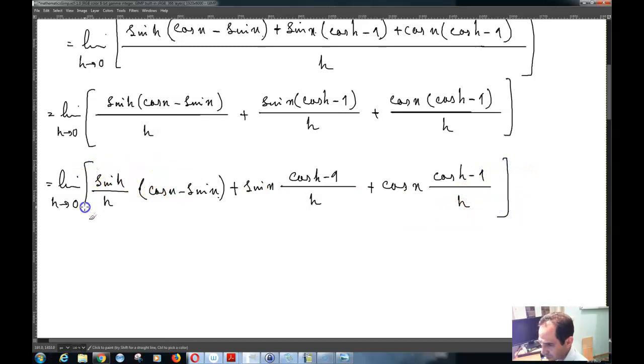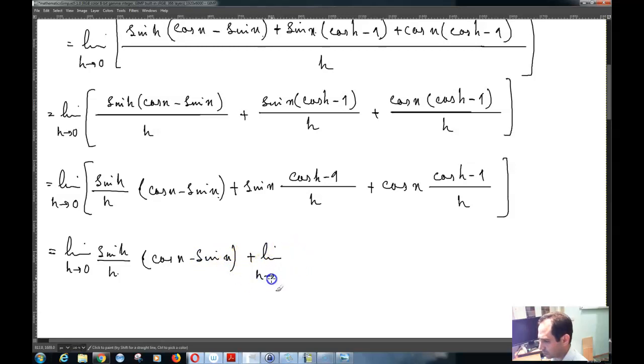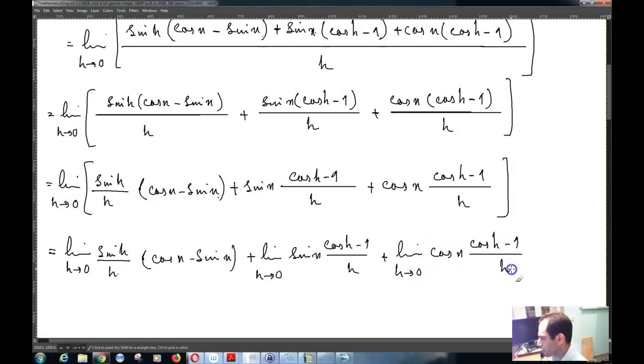Okay, and then you can write this as the limit of h tends to 0 of sine h over h times cos x minus sine x plus the limit of h tends to 0 of sine x times cos h minus 1 over h plus the limit of cos x times cos h minus 1 over h.